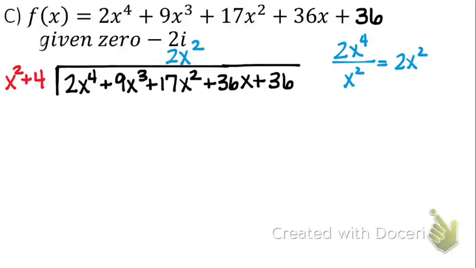Then we're going to take that 2x squared and multiply it by x squared plus 4. So when we multiply this, we get 2x to the 4th.